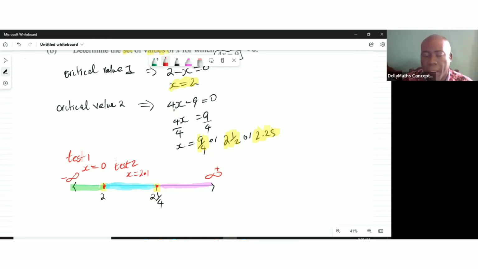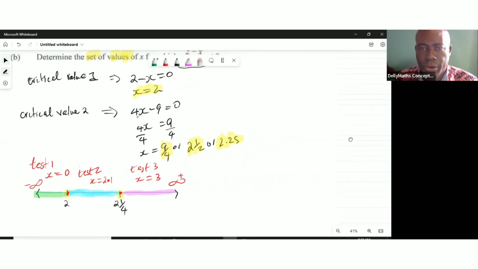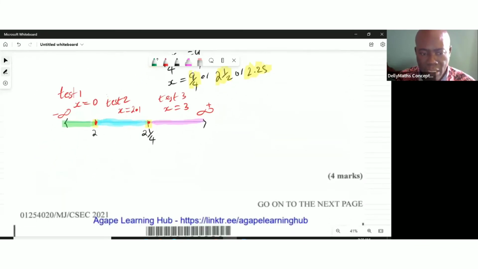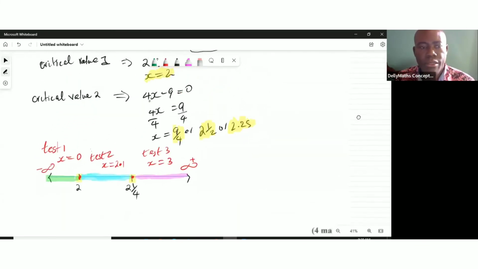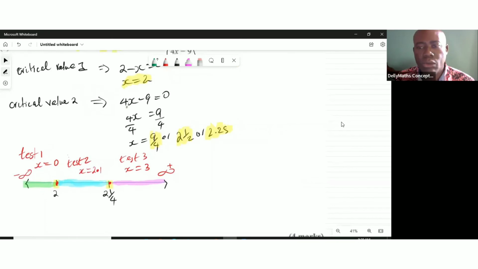Test 3, I'm going to use x equal to a number greater than 2 1/4, like 3. I'm going to substitute these values one at a time in the function and see if it gives me a positive or a negative number. That would help me decide on the solution set.